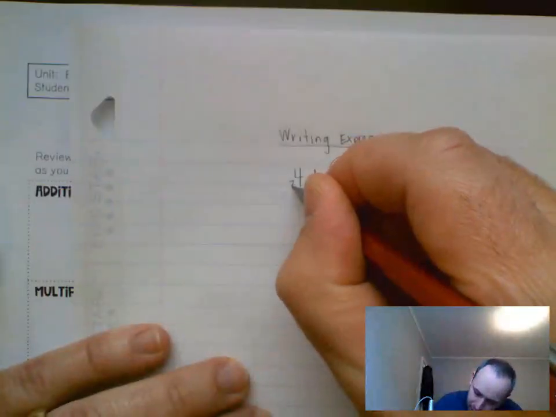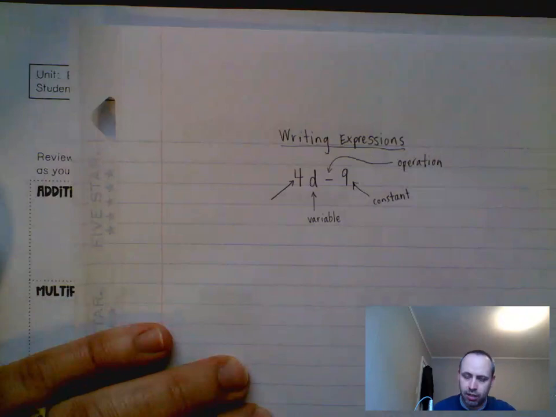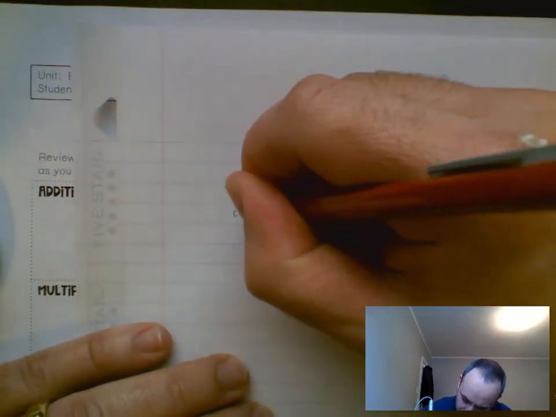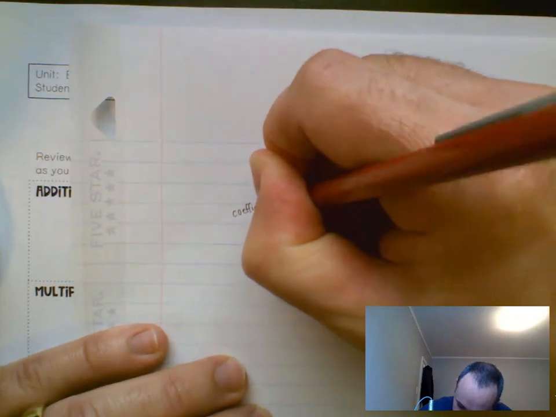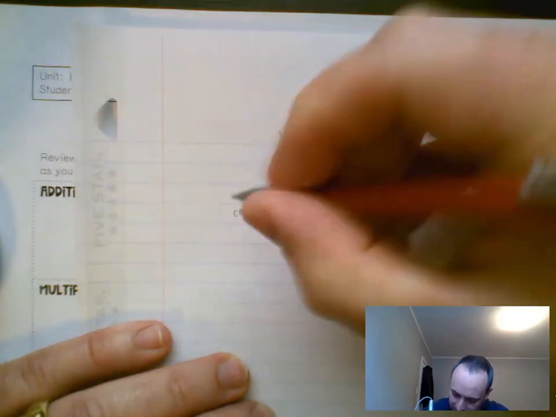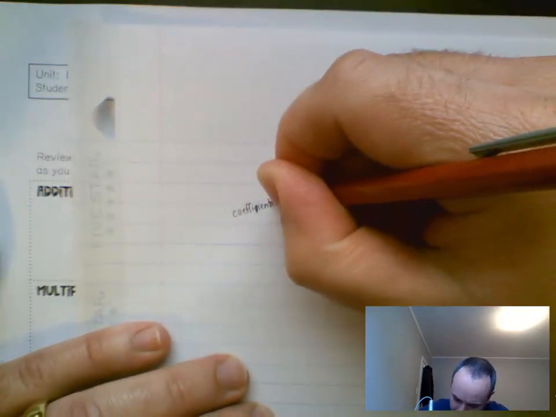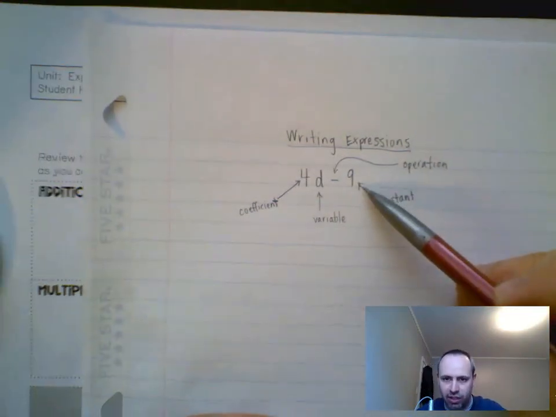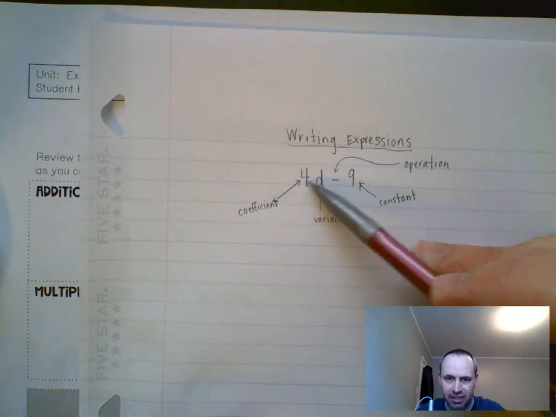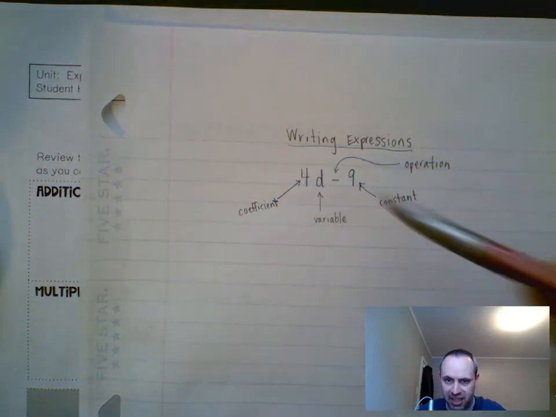The number in front of the letter is what we call a coefficient. That's what a letter is multiplied by. So 9 is not a coefficient because there's no letter there, but 4 is a coefficient because it's 4 times d.